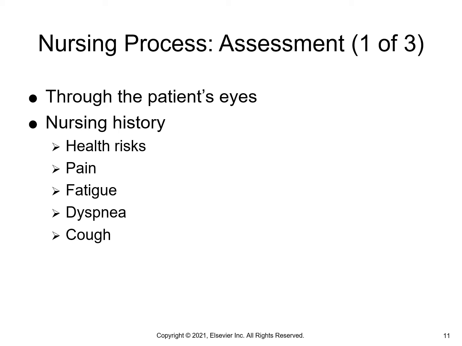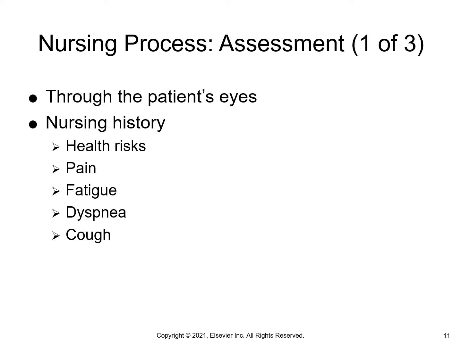Fatigue, though it's a subjective sensation in the patient, is really an indication of cardiopulmonary alteration, and it's really an early sign of worsening of the condition. Dyspnea, that difficulty in breathing, is associated mostly with hypoxia. Again, it's a subjective sensation, but if it's present, you need to investigate.